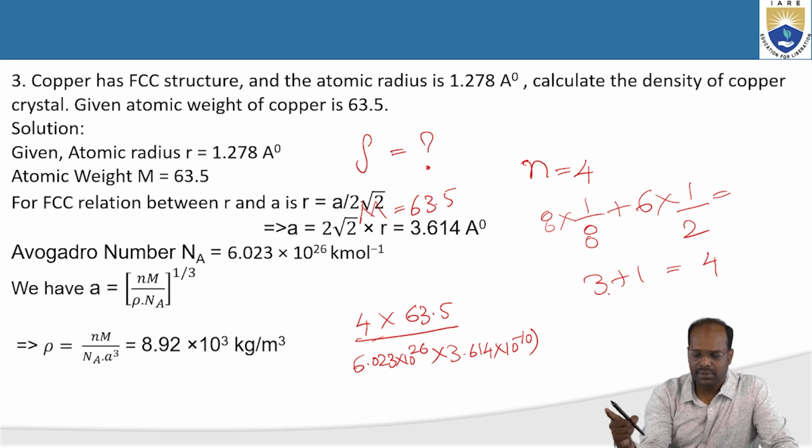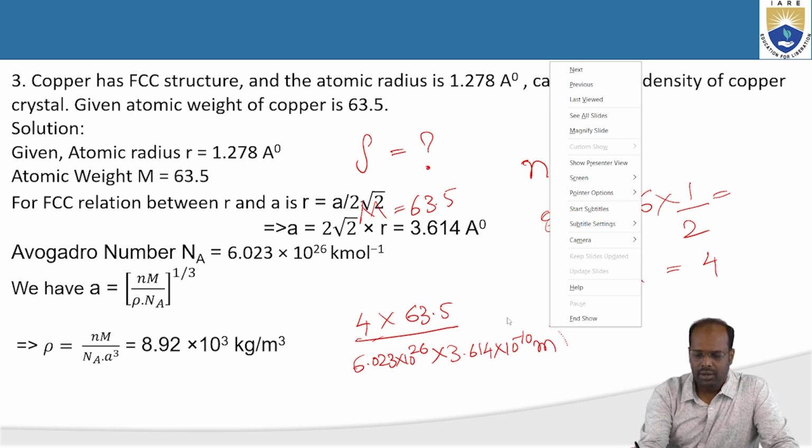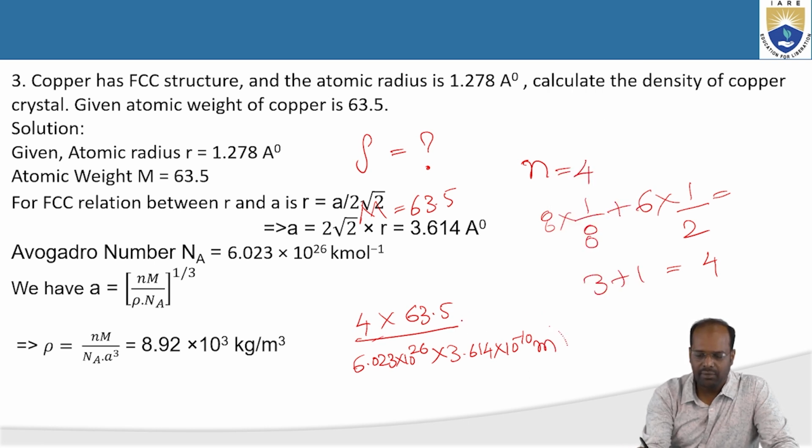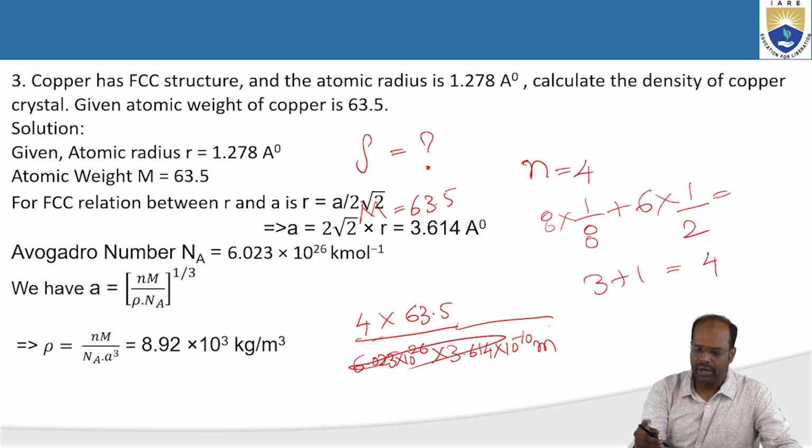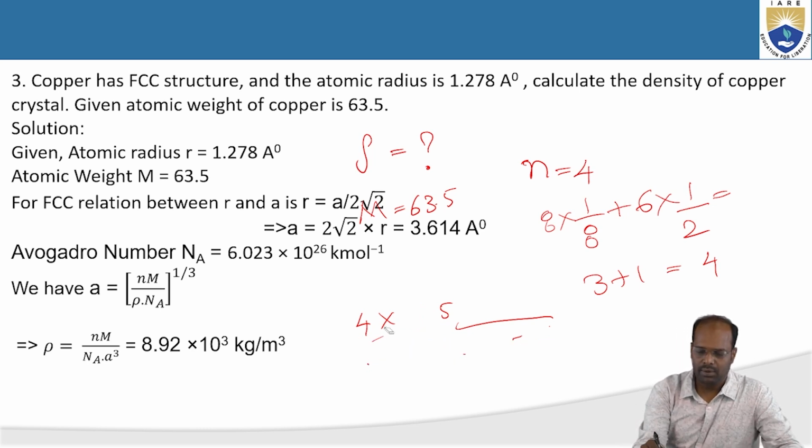Angstroms we are representing in meters. So here we got a resultant value of 8.92 into 10 to the power of 3 kg per meter cube.